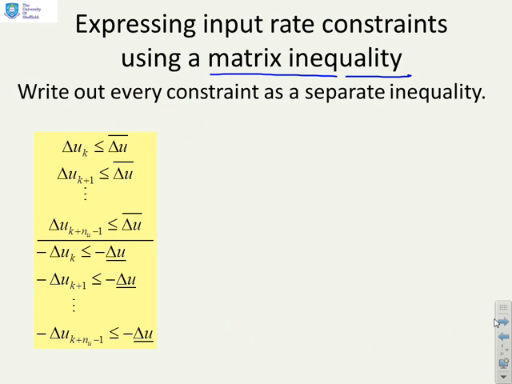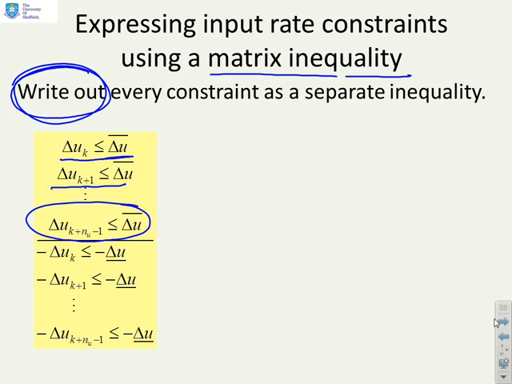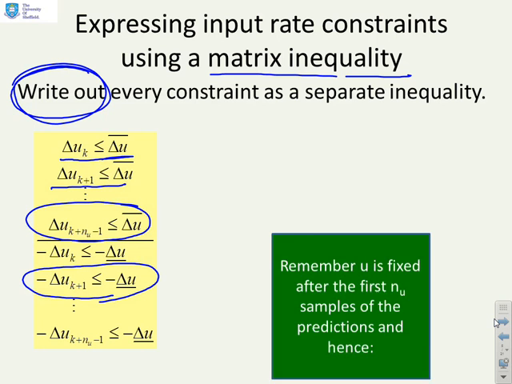Well, the first step, this is important, is just to write out every constraint as a separate inequality, and you'll see that's what I've done here. I've said delta UK has to be less than the upper limit, delta UK plus 1 has to be less than the upper limit, delta UK plus NU minus 1 less than the upper limit, and similarly if I look at the lower limit, for example, minus delta UK plus 1 has got to be less than or equal to minus the lower limit, and so on.